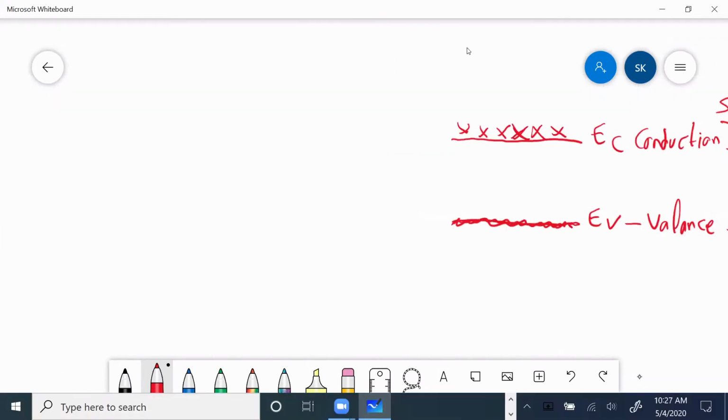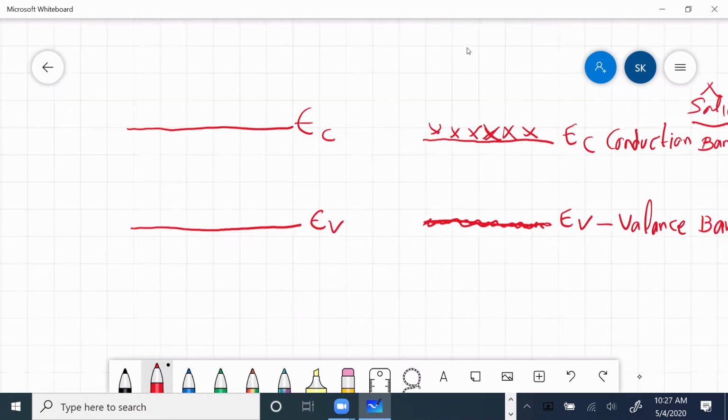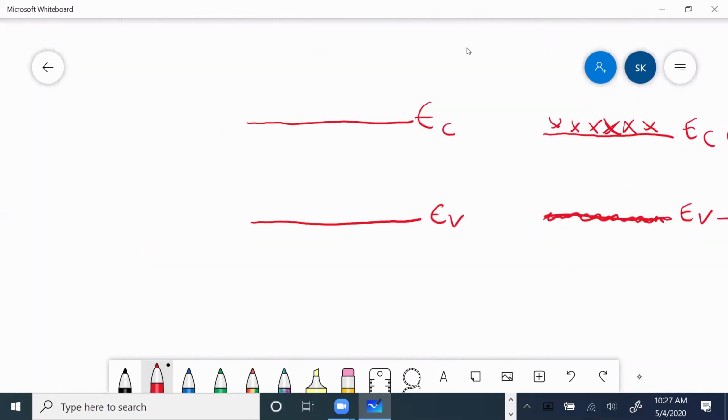Now we agree that for all materials, we must have two energy bands called EC and EV. Now, the difference between materials is this. This gap, which we call the energy gap, EG. If this gap equals 0, this material is a conductor.